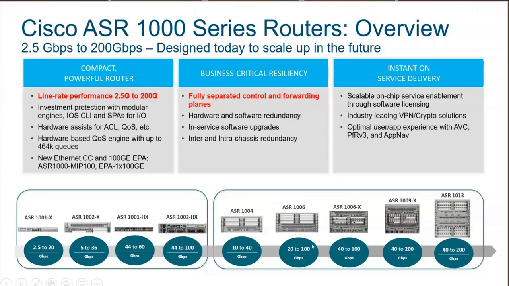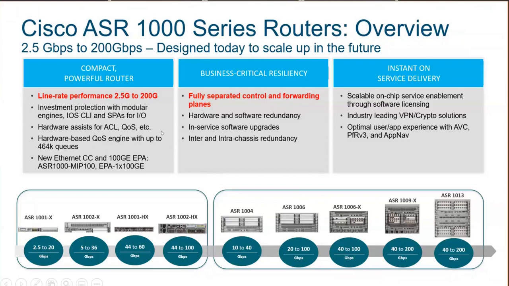In these devices, if you see here, we can host multiple RPs and multiple FPs. So that gives us redundancy. If one of the RPs goes down, the state will be preserved by the other RP, and that takes over, causing no service outages. So that is one of the advantages of these devices.